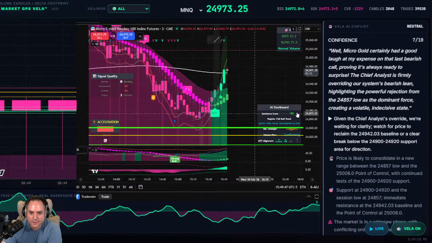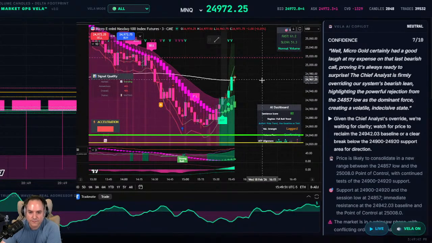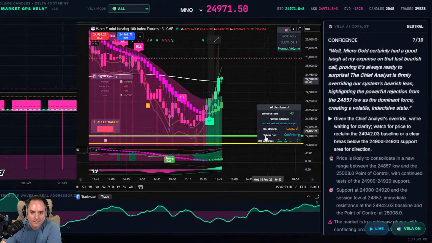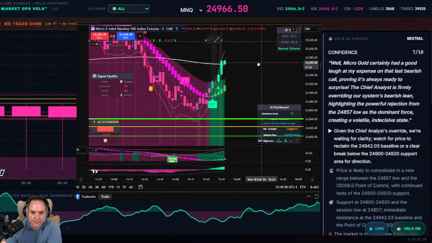Okay, the 350 algo is about to kick in, so we'll start to get some volume coming in with the positions starting to get closed out.